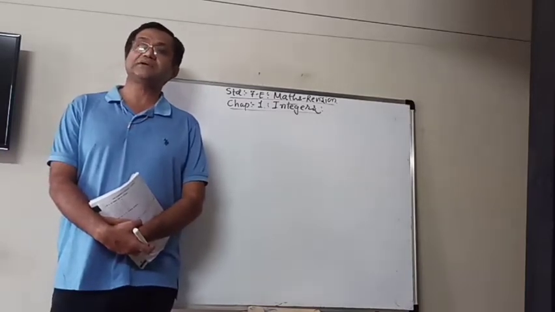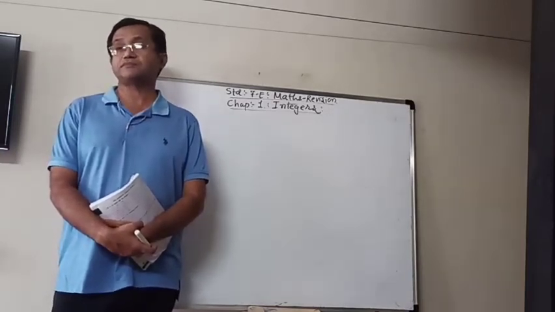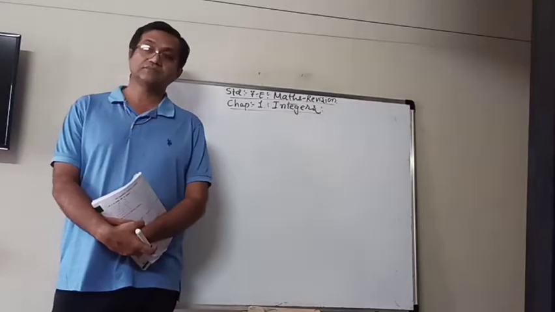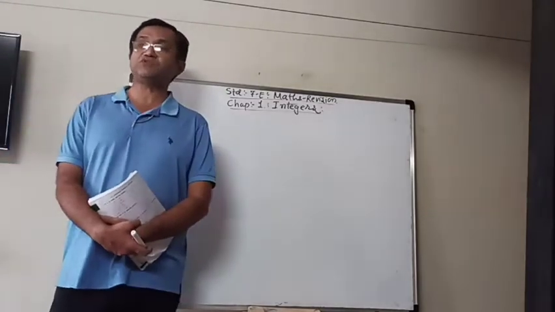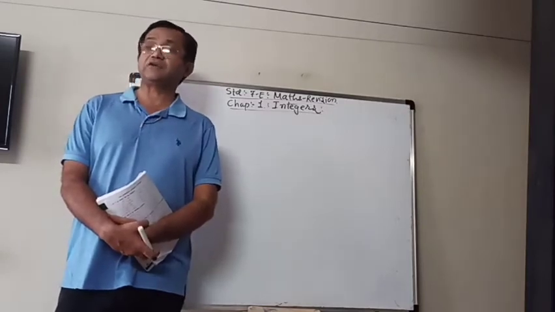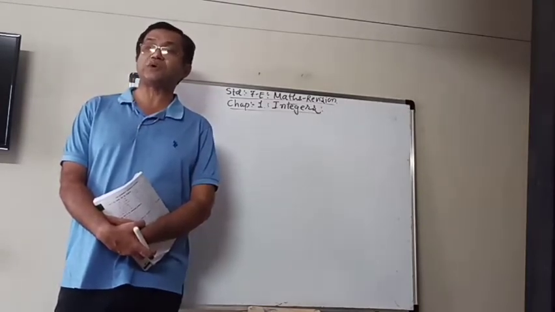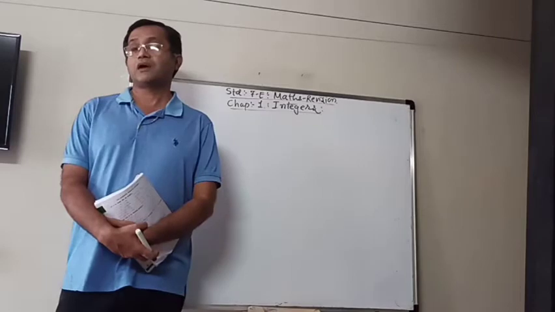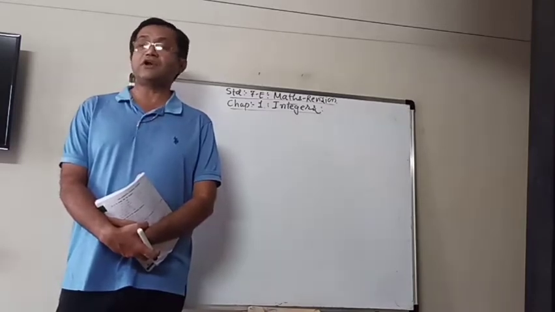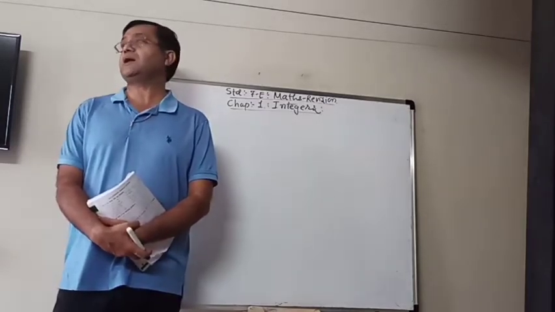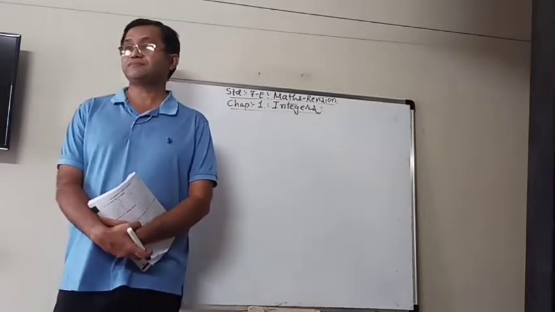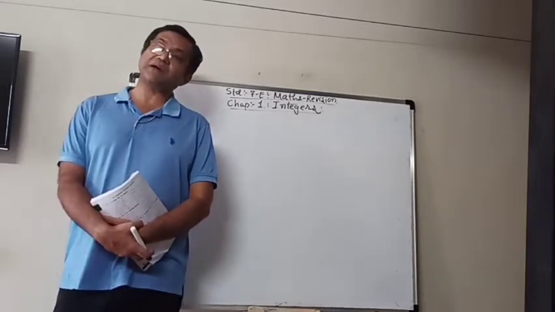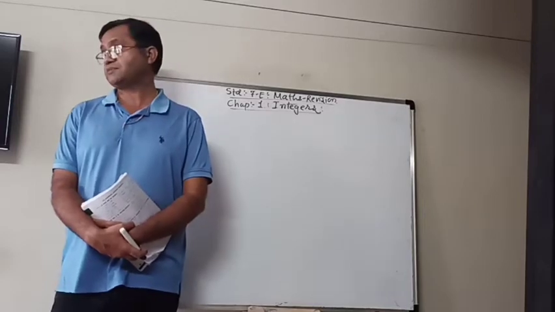Integer is a collection of numbers like whole numbers, and with that we add the negative numbers -1, -2 and so on. So we know that 1, 2, 3, 4 and so on are called the positive integers. -1, -2, -3 are the negative integers.